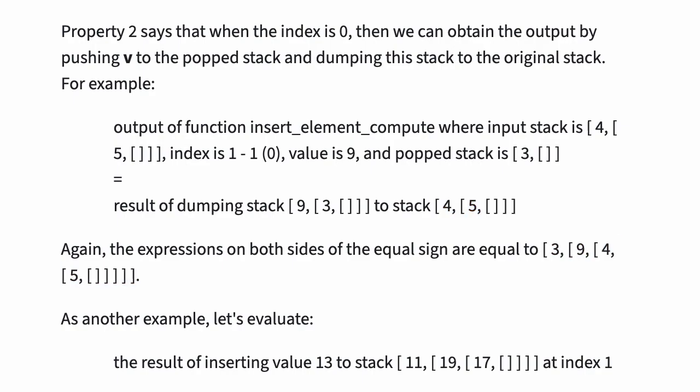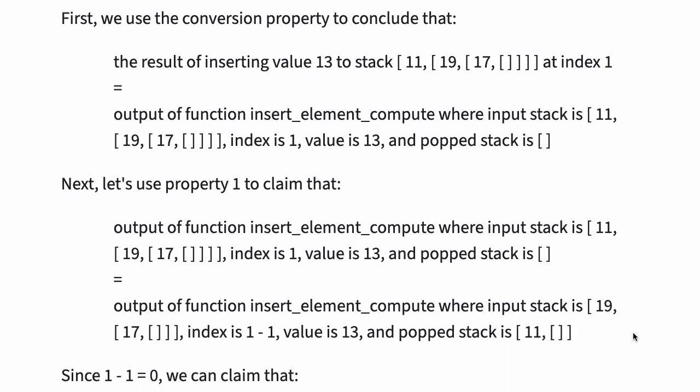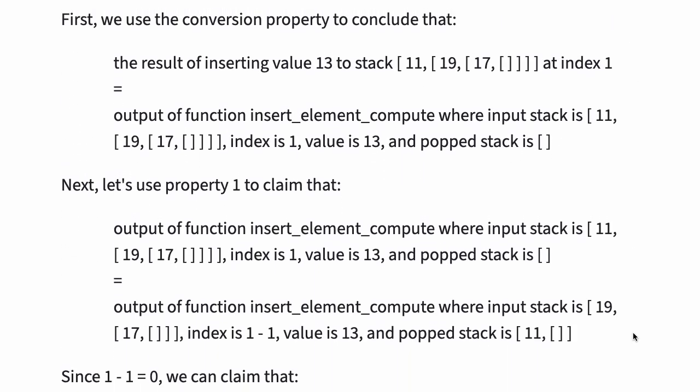As another example, let's evaluate the result of inserting value 13 to stack 11, 19, 17 at index 1. First, we use the conversion property to conclude that the result of inserting value 13 to stack 11, 19, 17 at index 1 is equal to the output of the function insert_element_compute, where the input stack is 11, 19, 17, index is 1, value is 13, and the pop stack is empty.